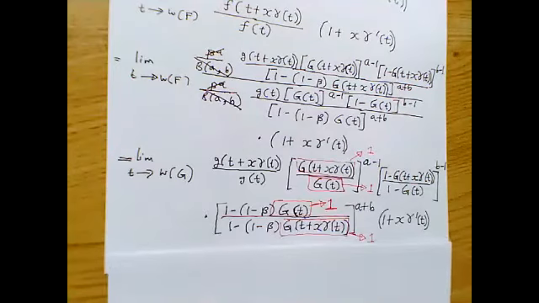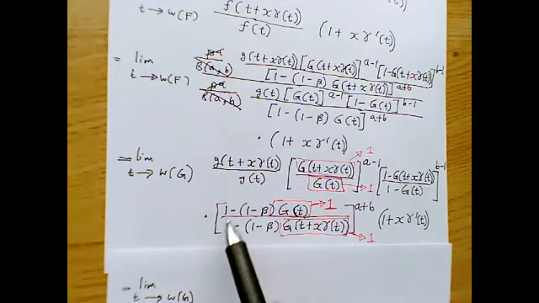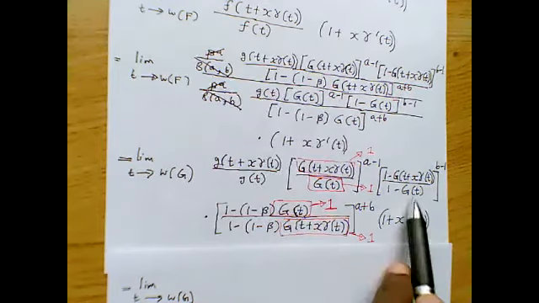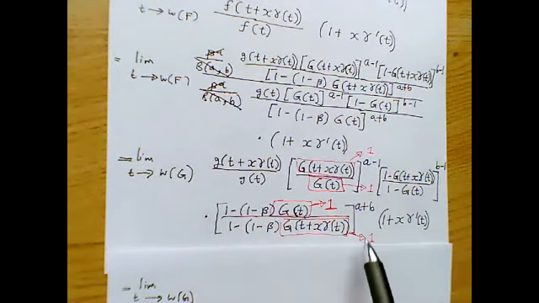Okay, in the next line, the limit as t goes to w of g. The only term that's going to remain are this term, and this term, right?